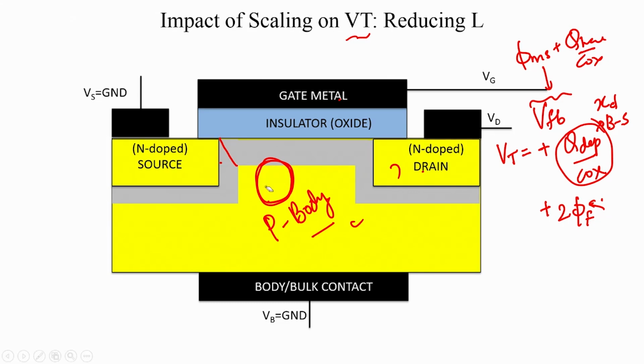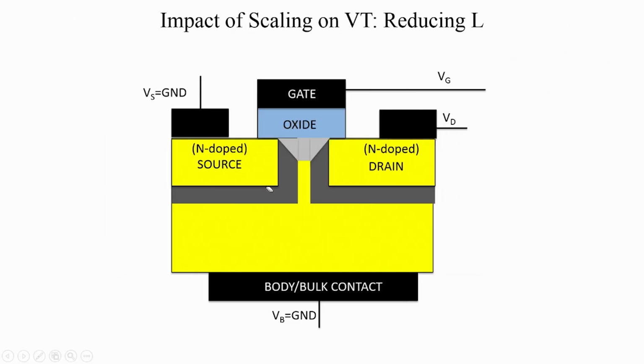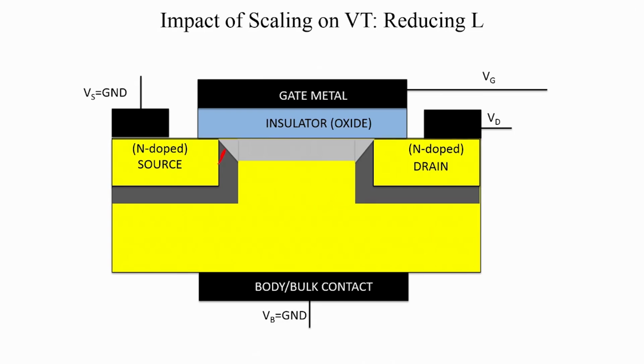Now, what happens if you start reducing the device? Here I had a nice picture and I did not use it. This dark region shows the portion depleted by the PN junction, whereas the gray region shows the portion depleted by the gate.